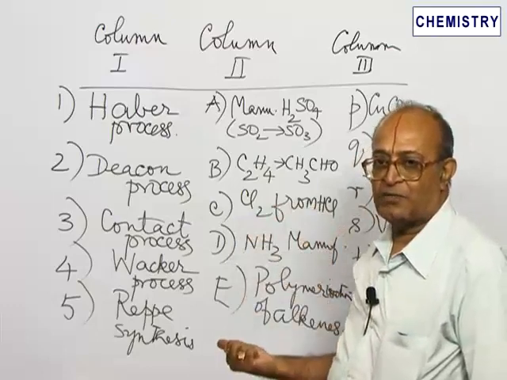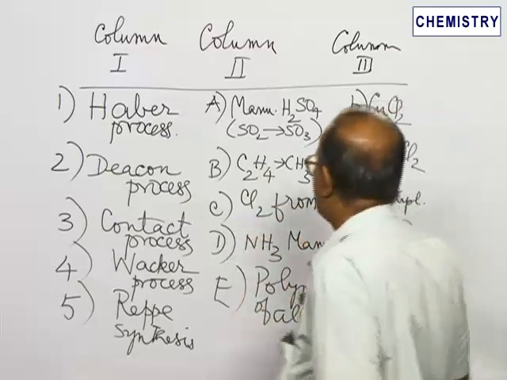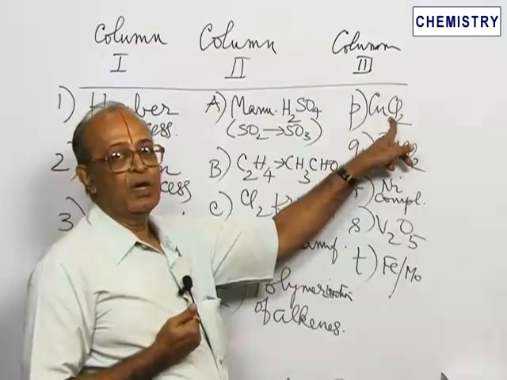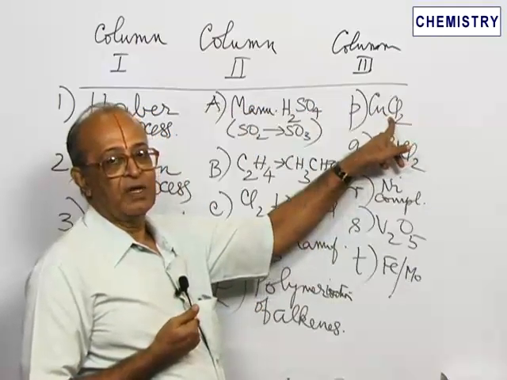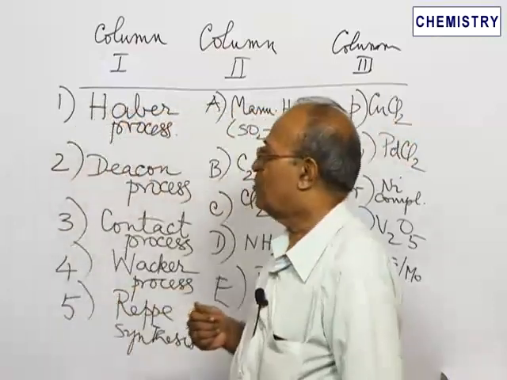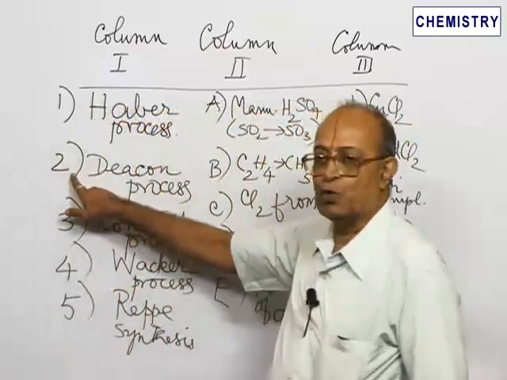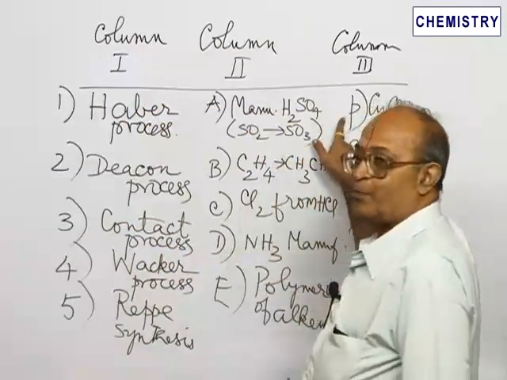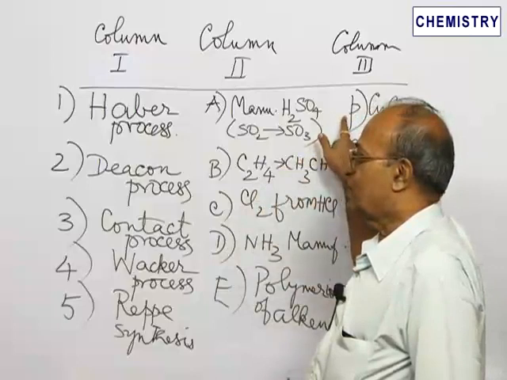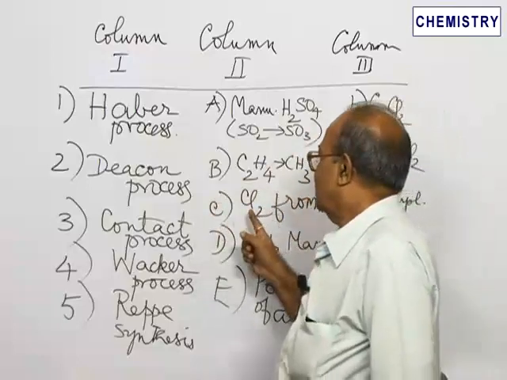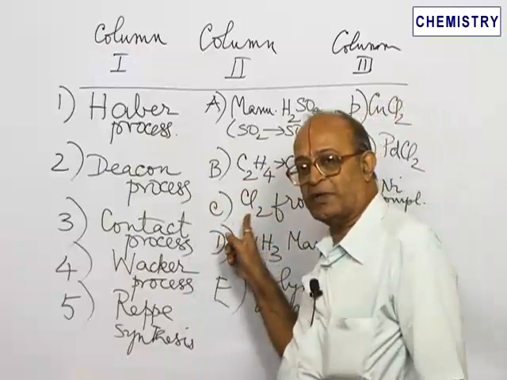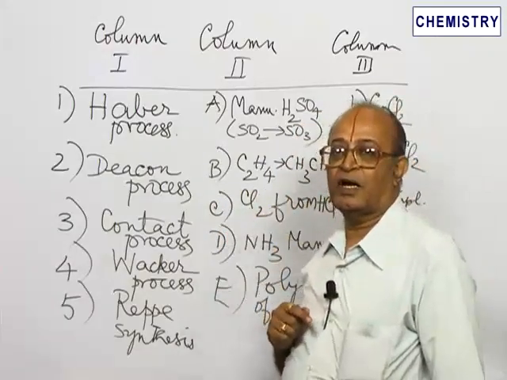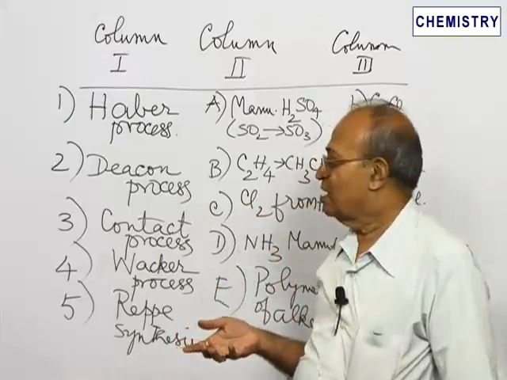And for this method of preparation, we make use of CuCl2 as the catalyst. So you can combine these 2, C P. So for Deacon process, it is a method of getting chlorine from HCl, for which we make use of cupric chloride as the catalyst.